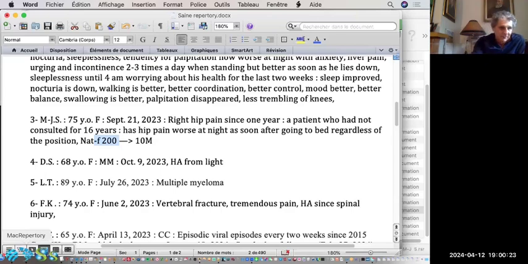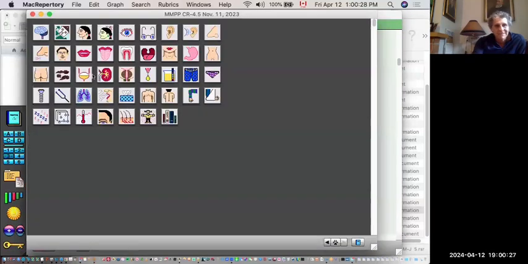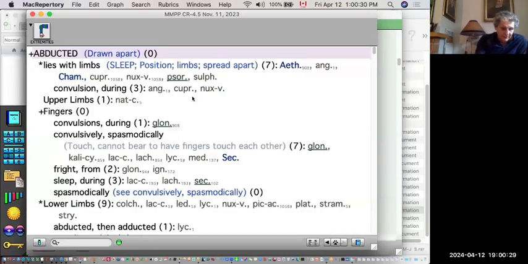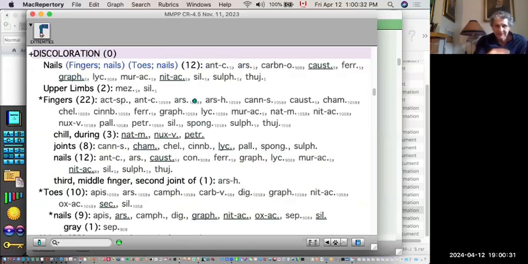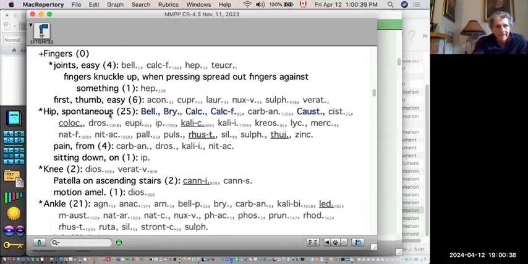So I looked in the repertory for dislocation of the hip, because that's what it feels like, and Natrium fluoratum was there. I said, wow, likely it will go away.